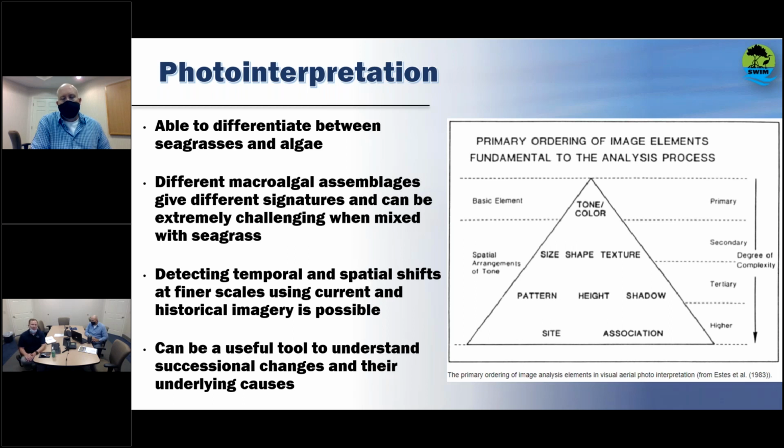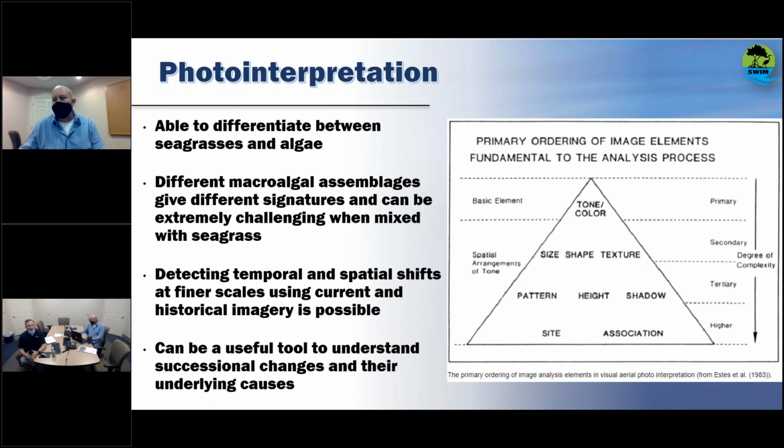Some of the Clearwater species do get a little taller, and then site and association, kind of in that order. And this helps differentiate our seagrasses from algae, whether they're many assemblages from drift algae, the attached algae, and up in Springs Coast, sargassum.